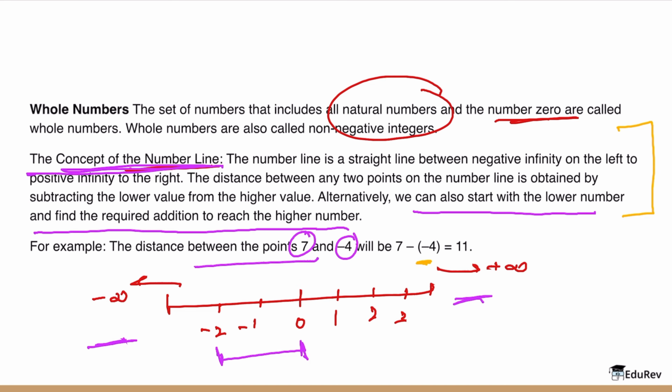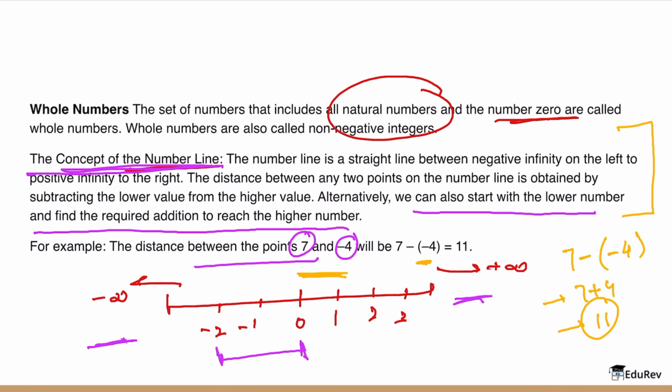So I'm going to write 7 minus my lower number, which is -4. So it's going to be 7 plus 4, that is nothing but 11. So 11 is your distance between 7 and -4. This is the concept of whole numbers.